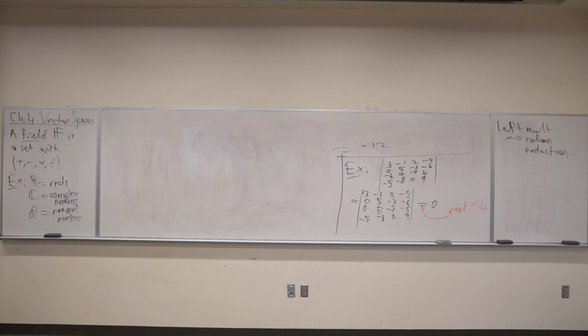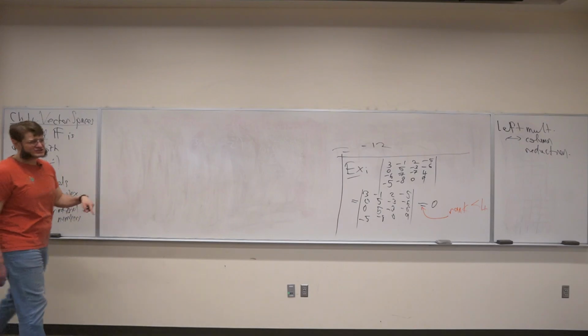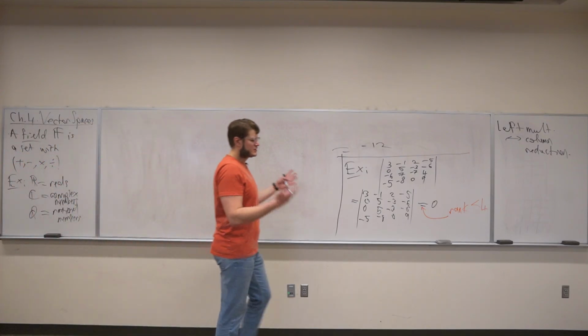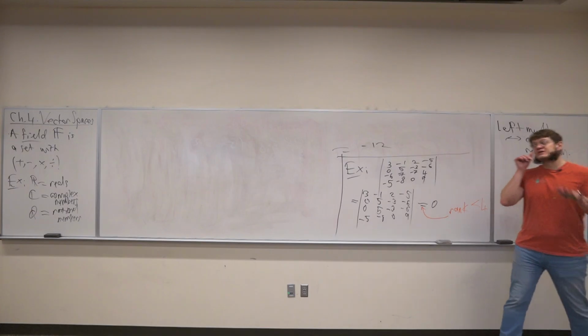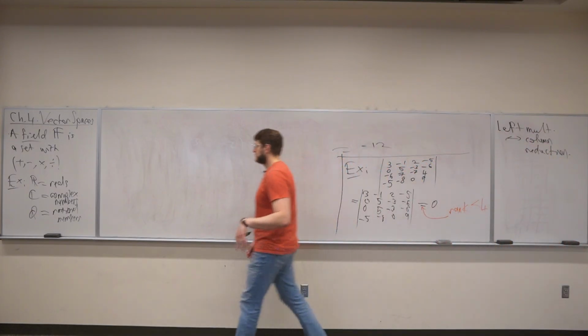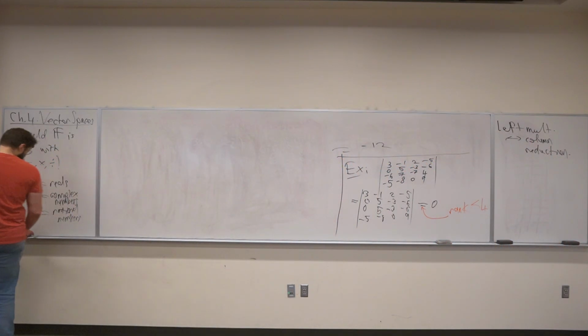Under certain circumstances, you sort of drop this division, and that gives you what is called a ring. So for instance, integers, you have addition, subtraction, multiplication, not necessarily division. If you divide two integers, you may end up with something that is not an integer, but still you can do linear algebra using integers only. Let's not get there.